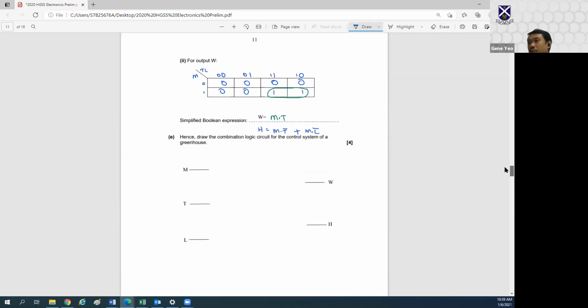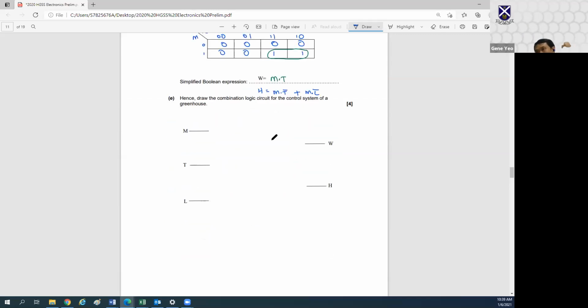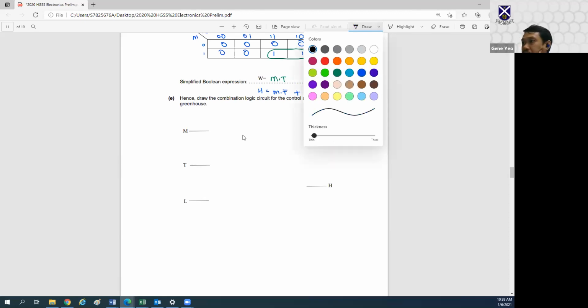Now they want me to draw out the logic circuit for these two. There are two outputs, W and H. I'm going to tackle the easier one, the W output, because it's just a very simple AND gate.